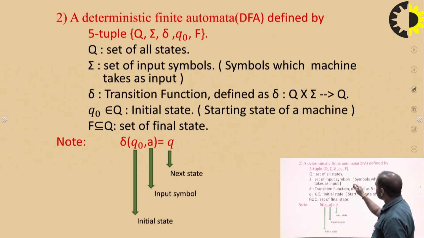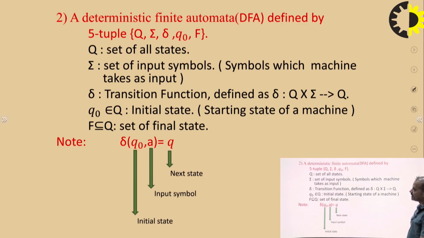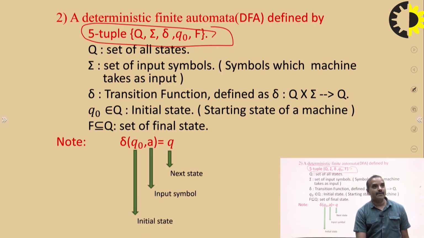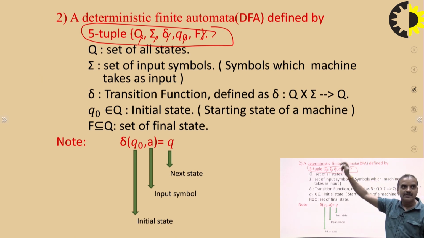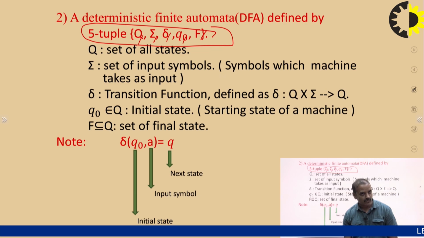Here is the basic definition, or you can say the technical definition or tuple definition, of deterministic finite automata. This is the 5 tuple. A deterministic finite automata is a 5 tuple: Q, sigma, delta, Q naught, and F. This is the basic definition of deterministic finite automata.